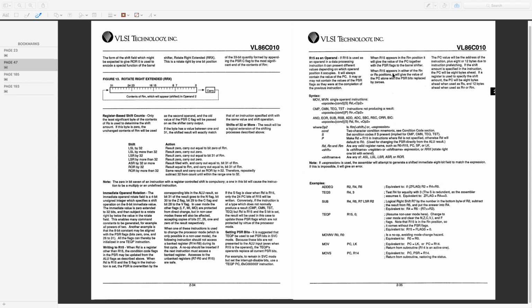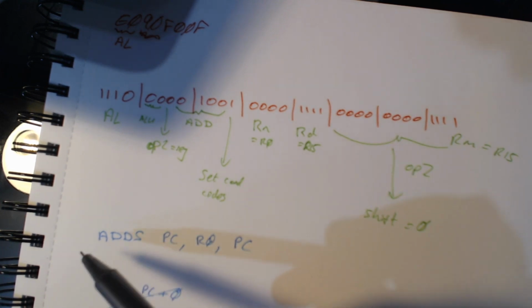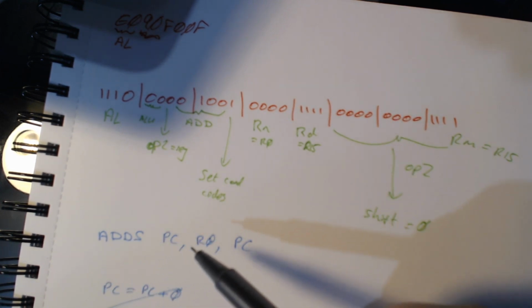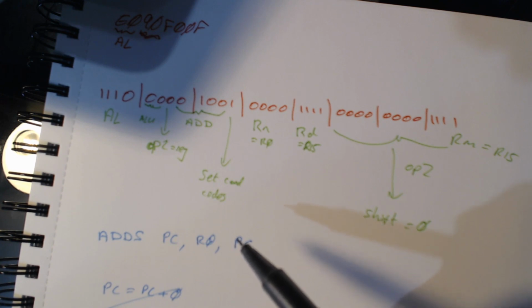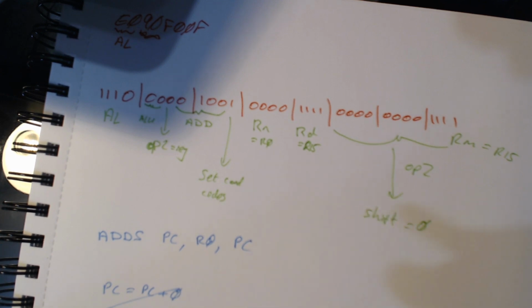So maybe if I go back to the paper, figure out where it should be jumping to. So we got ADDS PC, R0, PC. Okay. So which PC are we going to be using out of all that crazy complexity? Instruction 14. Oh my god.